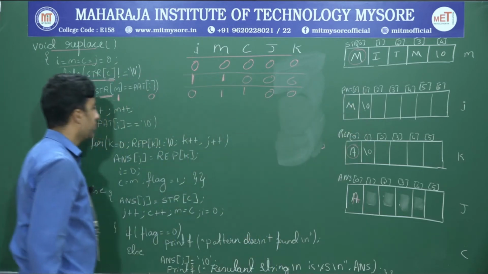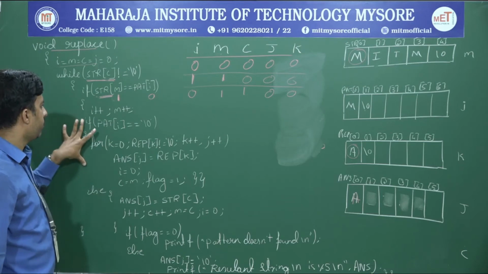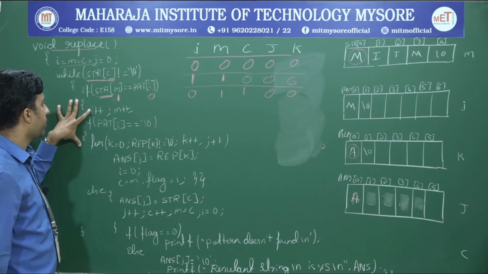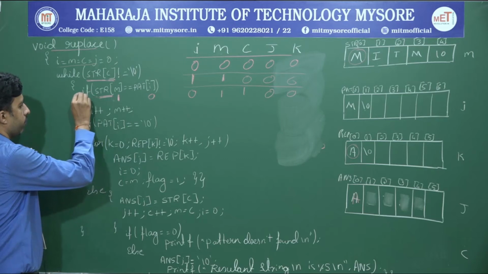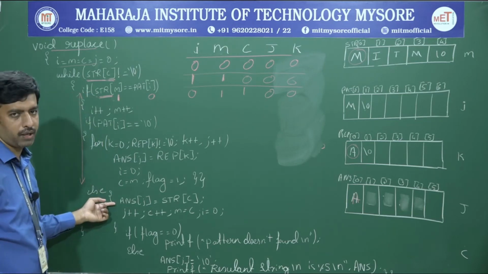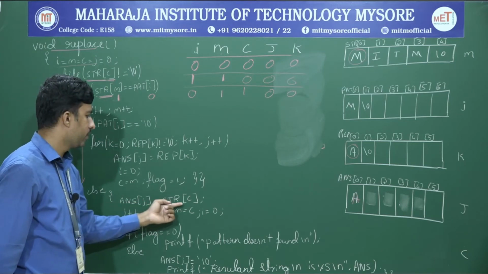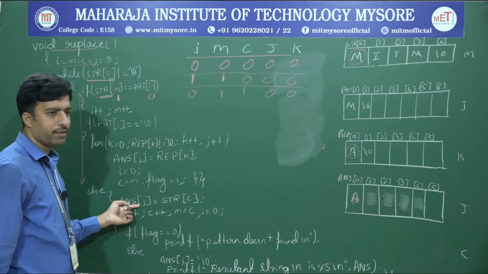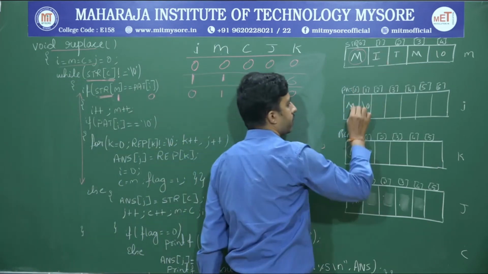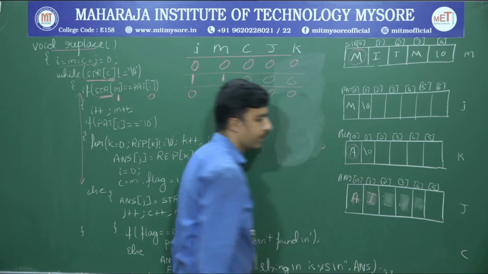No. Since i is not equal to m, the if part does not work and the if statement fails. Then it goes to the else part, which simply copies the string component to the answer string. I is not mapped with the m, so I just copy it to the answer string.